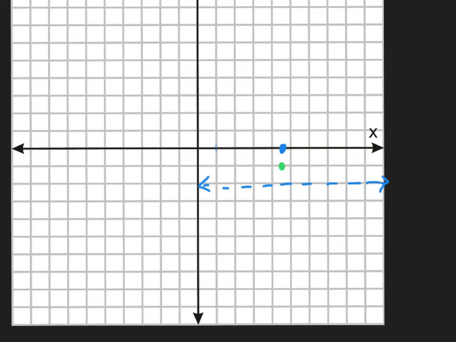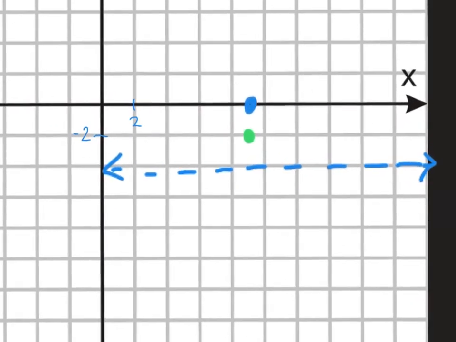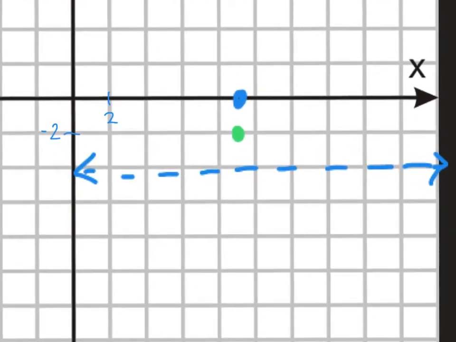Keep in mind my graph had to go by 2s just because I didn't have space. So this is also a -2. So using your focus and your directrix, you know that your vertex is right in the middle. So if our focus was at the point (9, 0), and our directrix is the line y equals -4, that means that I'm going to have the same x value for my vertex, and then I'm also going to have just in the middle, so the same distance.